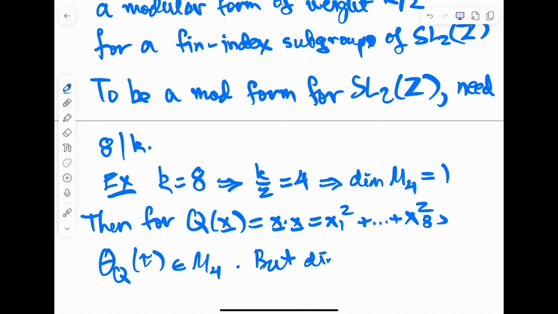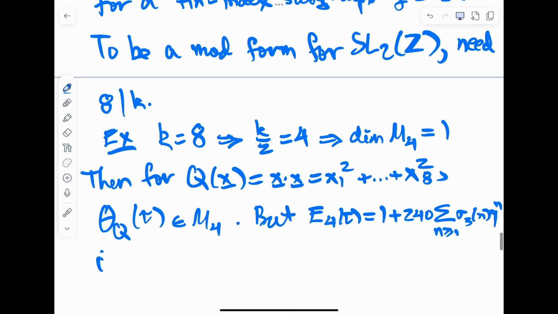But the dimension is 1. Oh, I already said the dimension is 1. But the Eisenstein series for weight 4, the normalized Eisenstein series, which turns out to be 1 plus 240 times the sum over n at least 1 of sigma 3 of n, q to the n, is also in M4.